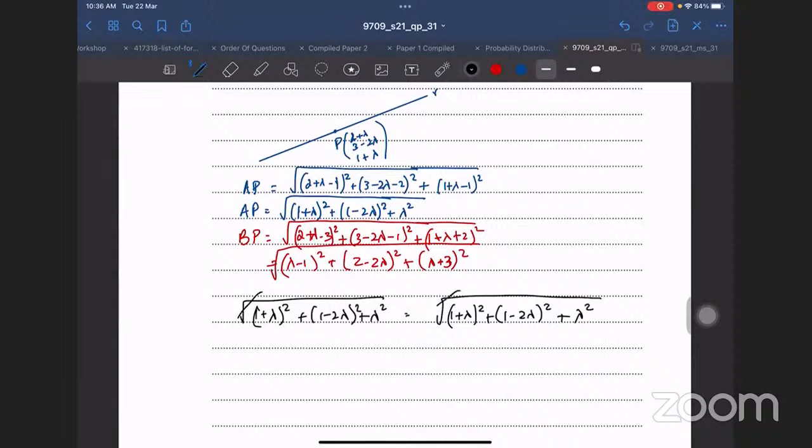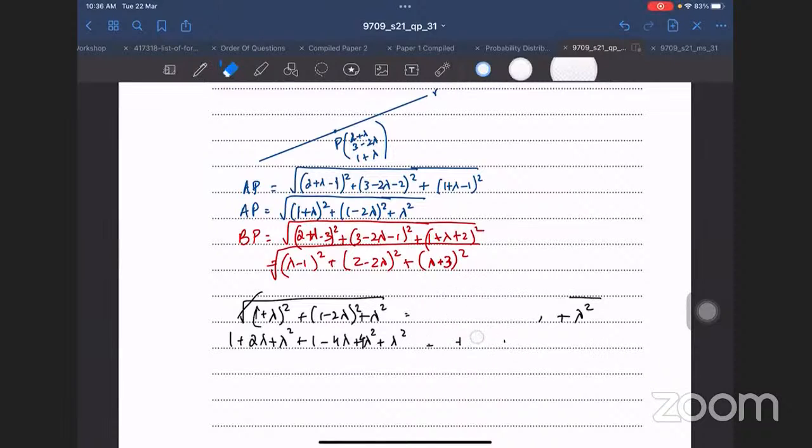Okay, canceling the roots, this gives me 2 plus 1 plus 2 lambda plus lambda squared plus 1 minus 4 lambda plus lambda squared plus 4 lambda squared, sorry, 1 plus 2 lambda plus lambda squared. Actually, I've messed up the expression on this side.